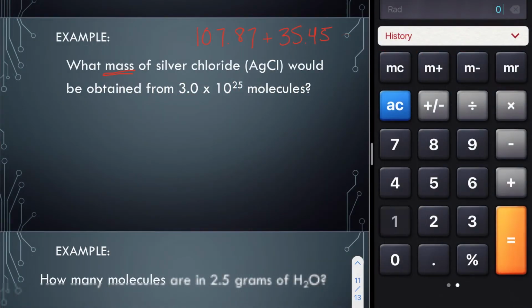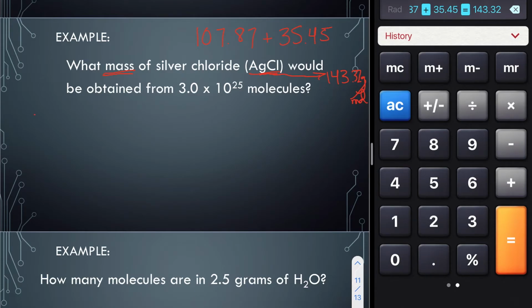So in my calculator, I type in 107.87 plus 35.45. So I get a total molar mass of silver chloride of 143.32 grams per 1 mole.